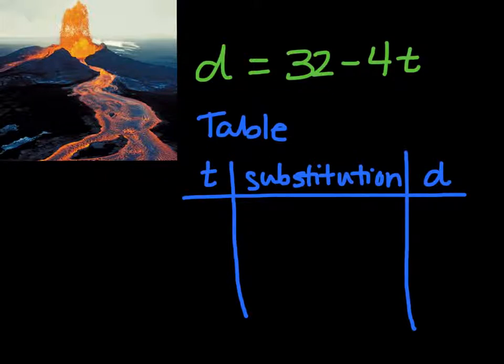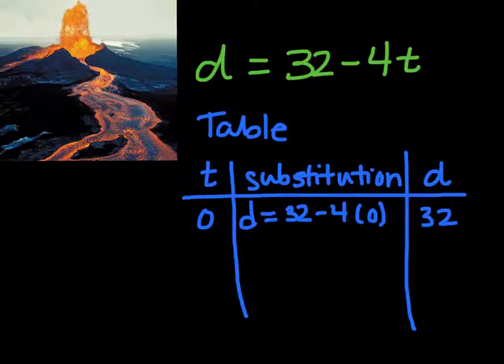Our first step in finding the solutions for this equation is to make a table. Let's begin with the value of t equals 0, so no time has passed. Our substitution would be d equals 32 minus 4 times 0. Therefore, our distance will be 32 miles. If t equals 1, our substitution would give us a solution of 28 miles.